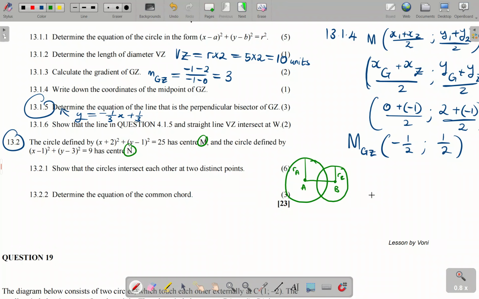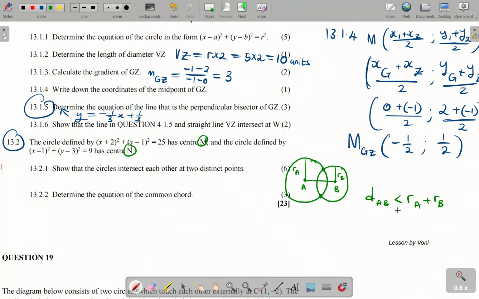The distance between their centers AB is not equal to, remember, it is less than the sum of their radii, RA plus RB, where RA is the bigger circle and RB is the small circle, and DAB is the distance between their centers. Then we have two intersections there. So we're just going to use this formula here.